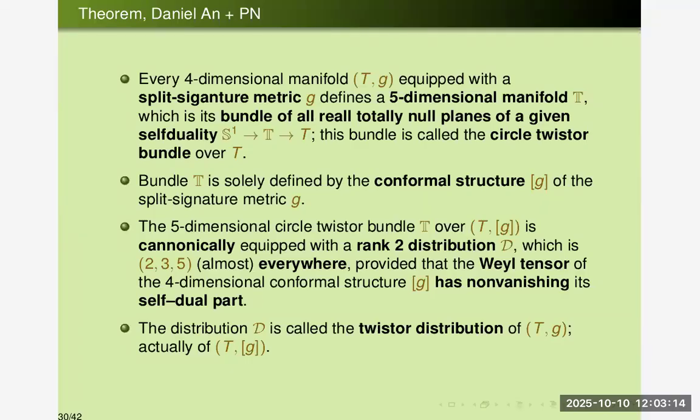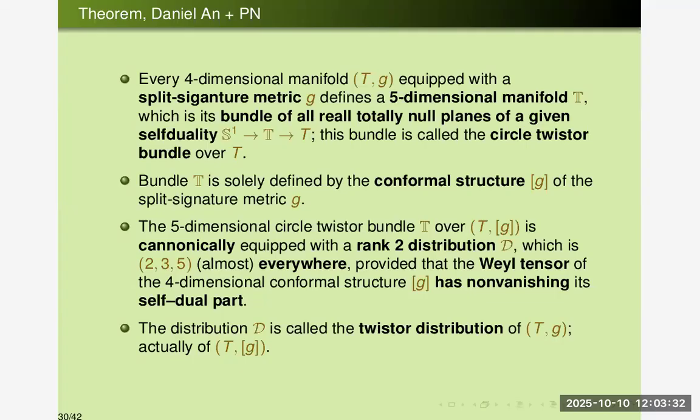Now I define a distribution using only the conformal notion, so this distribution should have at least 8 symmetries. But if a 2, 3, 5 distribution has 8 symmetries, it has G2 symmetry. So there is a natural G2 symmetric distribution associated with de Sitter space.